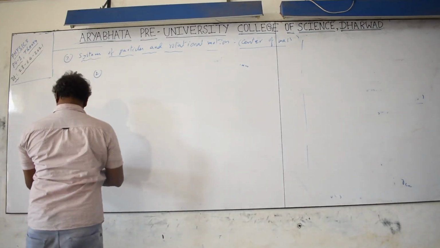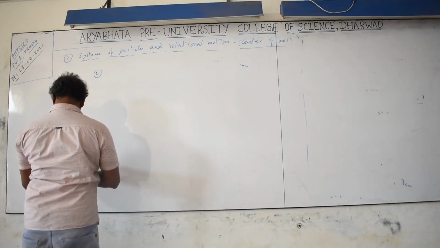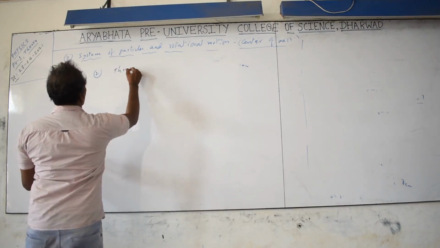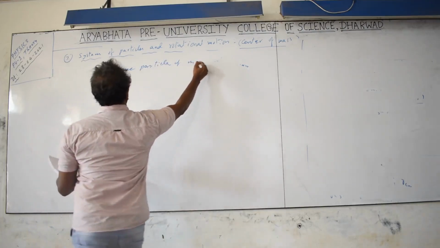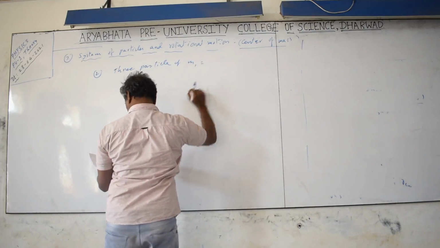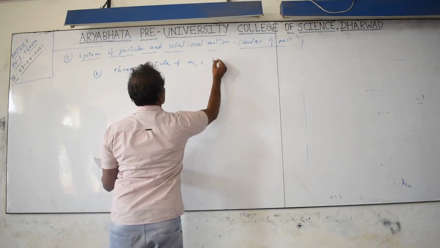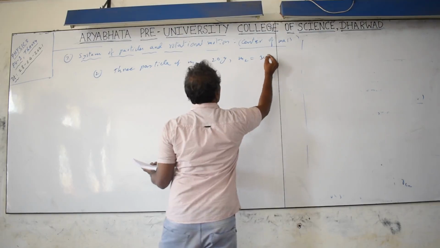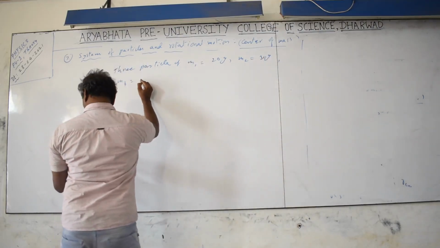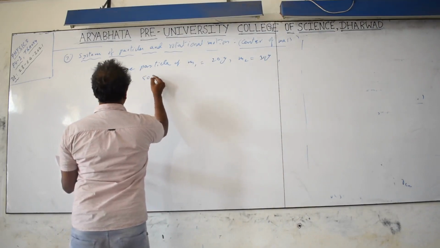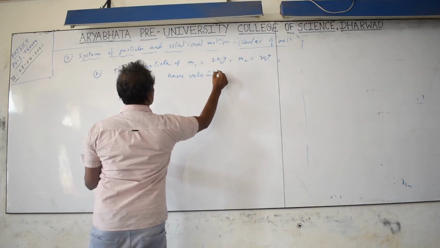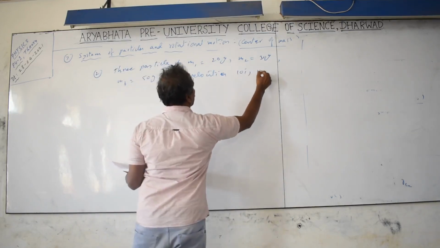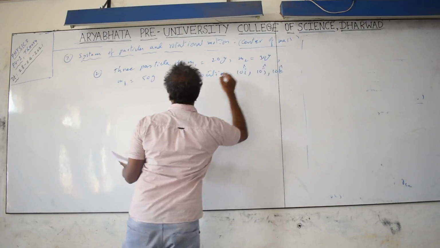Example problem number 2. Three particles of m1 equals 20 grams, m2 equals 30 grams, m3 equals 50 grams have velocities 10i, 10j, 10k respectively.